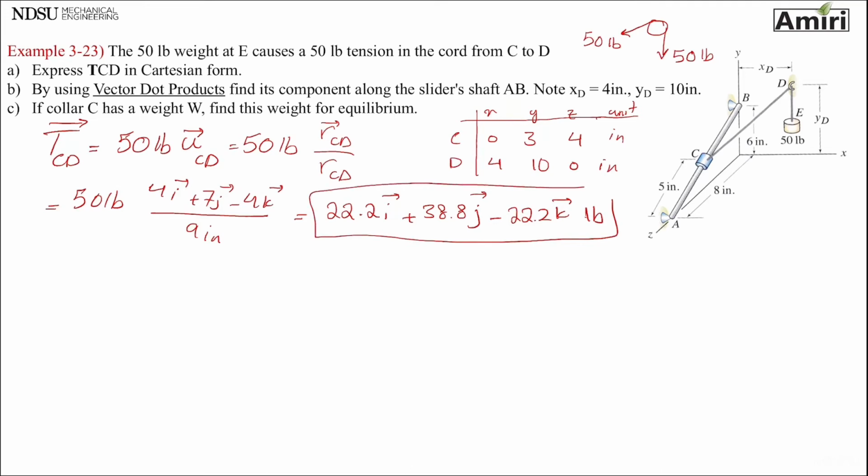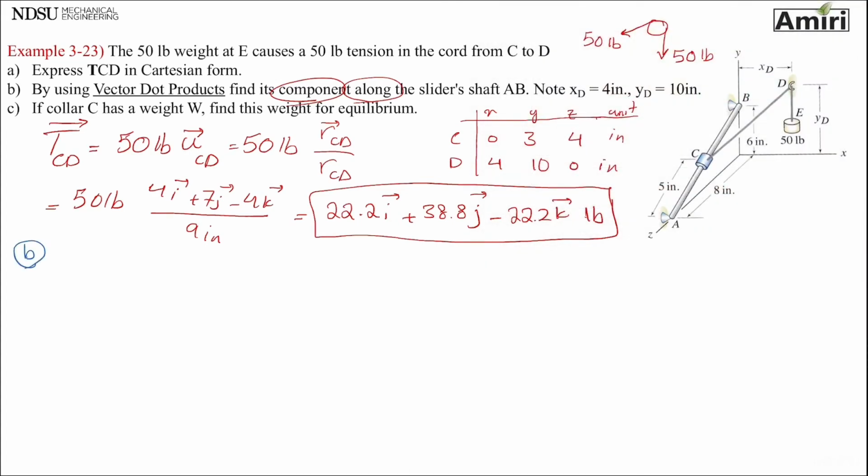This is part A. Done. Part B, dot product, its component along the slider shaft AB.